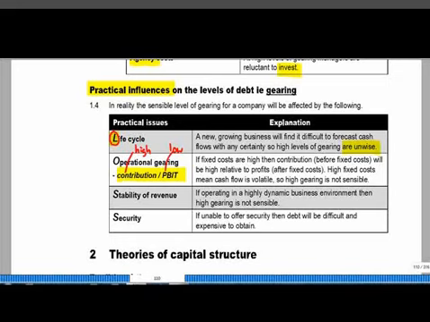So you can measure the level of fixed costs that your business has by calculating operational gearing. And if you are a high fixed cost business, then you're already quite risky. If an airline goes into a downturn, its revenue will go away quickly, but its fixed cost base will remain stable, and you can be making dramatic losses very quickly. So in that situation, taking on more fixed cost by using debt finance is risky.